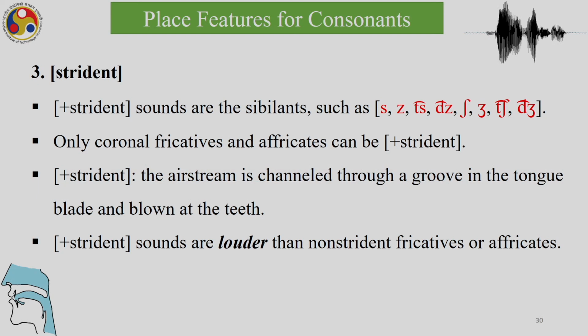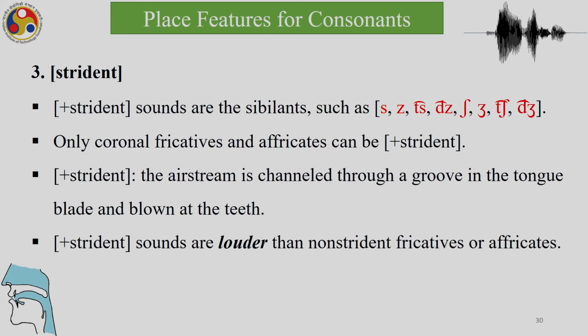So basically, strident sounds cannot be pronounced if the front teeth are missing. It's a bit of trivia, because the air is channeled with great force and has to hit the front teeth to produce the special effect that a strident sound like s or z has. Strident sounds are louder than non-strident fricatives or affricates.